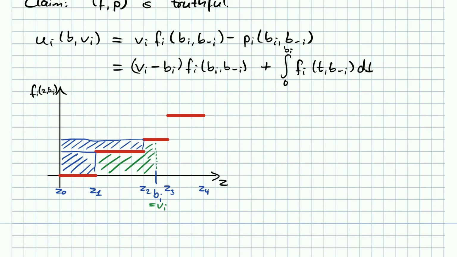What will now happen if I bid less? If I bid less than my true value, then I'm losing a bit. Because then, for example, if I bid only this much here, then, okay, I'm paying less, but I'm also getting less.